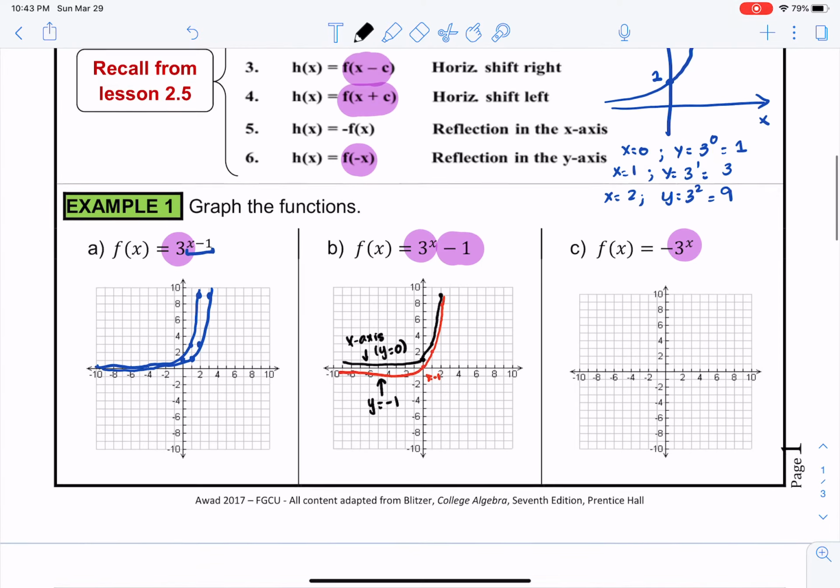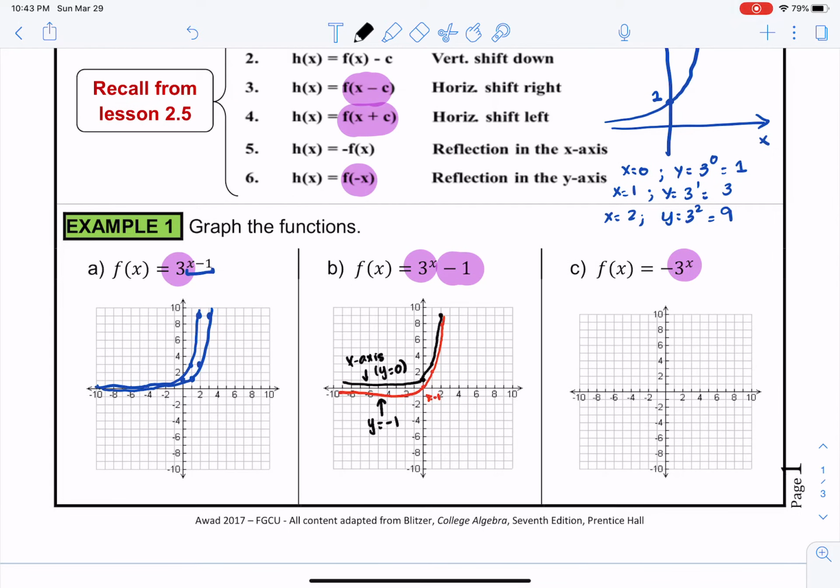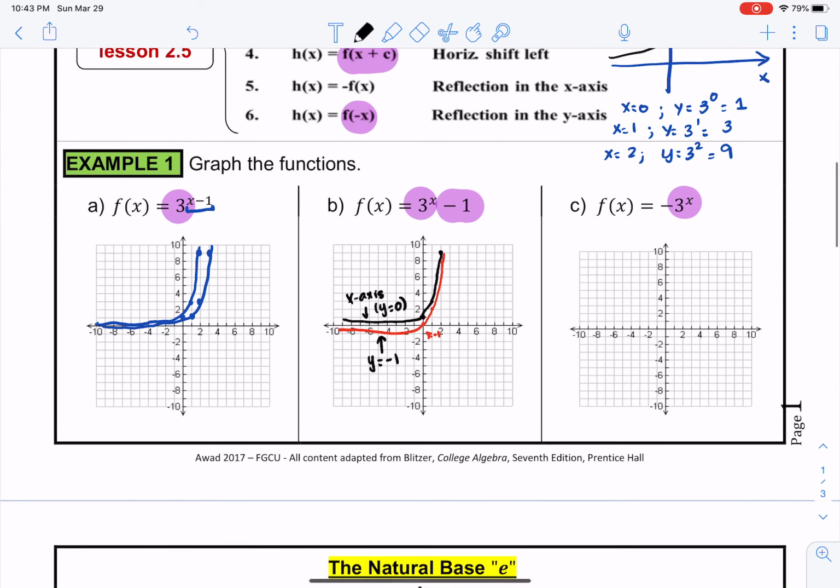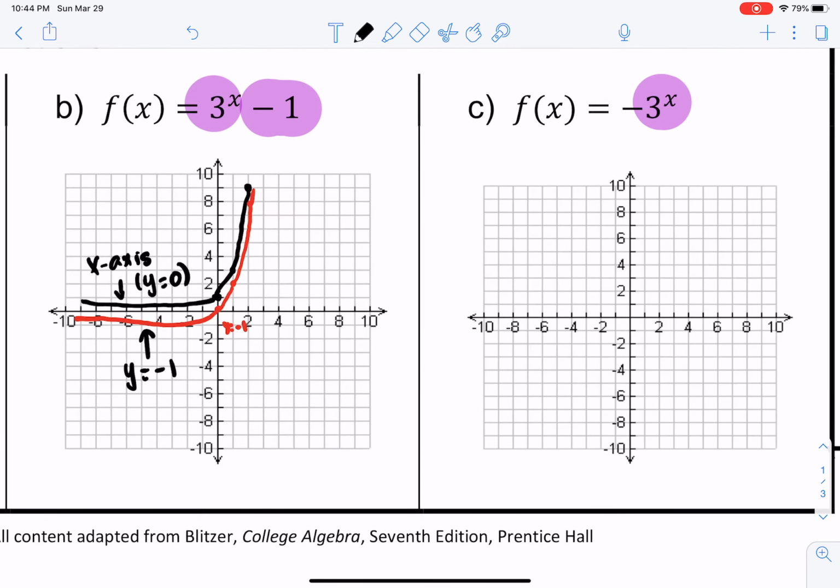So the next case is f of x is equal to -3 raised x, and the base function here is that. And we know that if we multiply the base function by a negative, the curve is going to flip about the x-axis. So that is 1, 3, and 9.